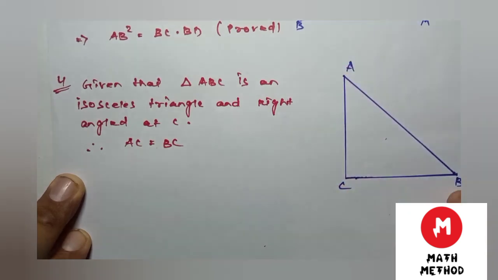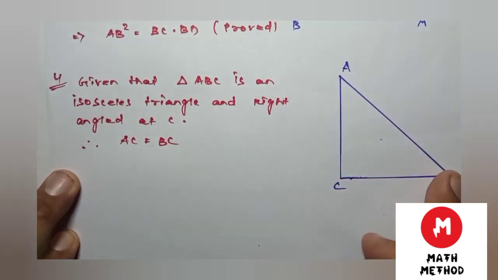So here AC is equal to BC, because here AB is our hypotenuse. This is the longest side.